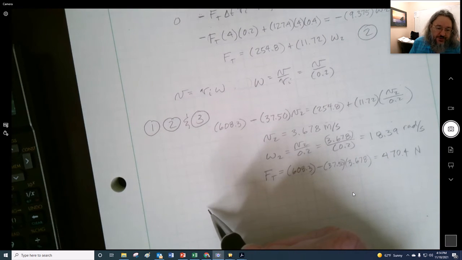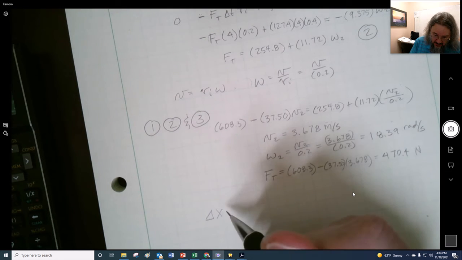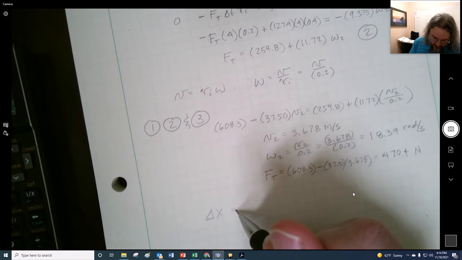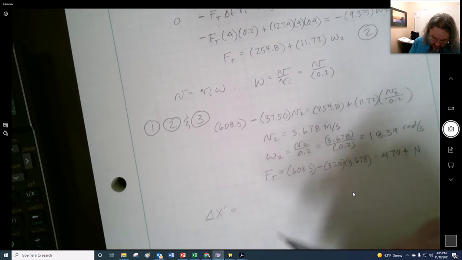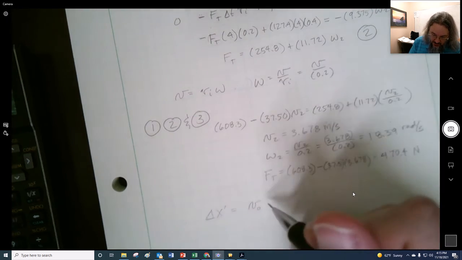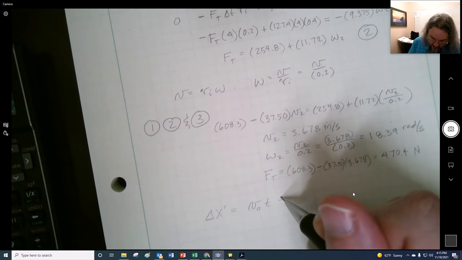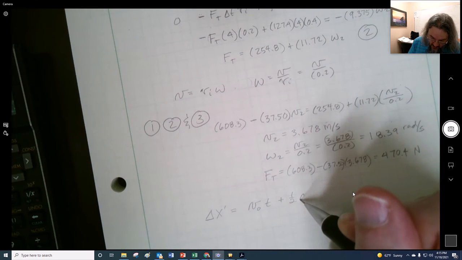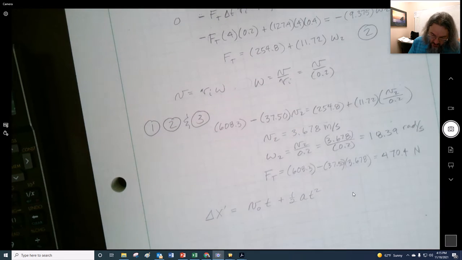And so for the distance that we're moving here, the delta x along here is going to be equal to this delta x prime, by the way, the initial velocity in the x direction, but everything's in the x prime direction, times time, plus 1/2 acceleration times time squared.